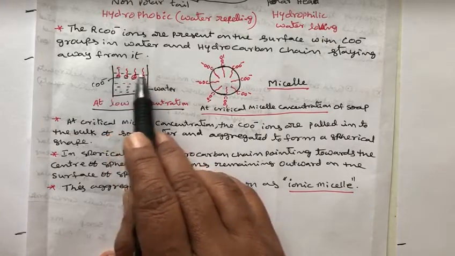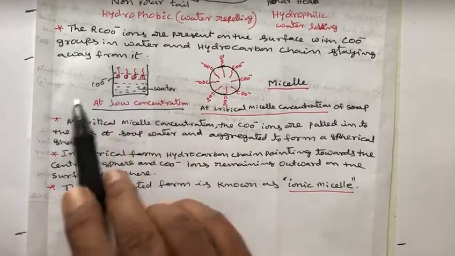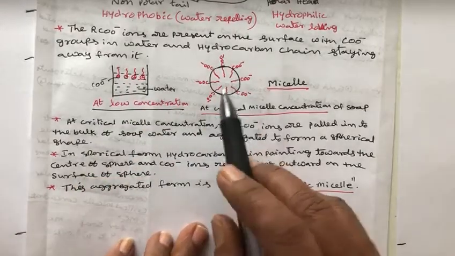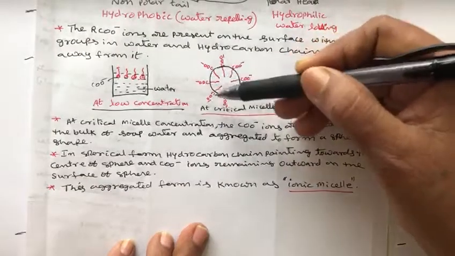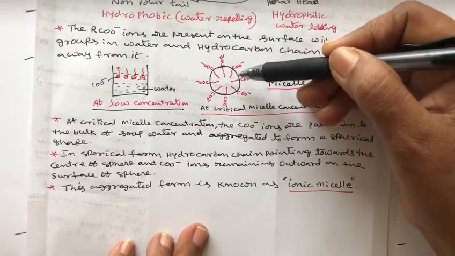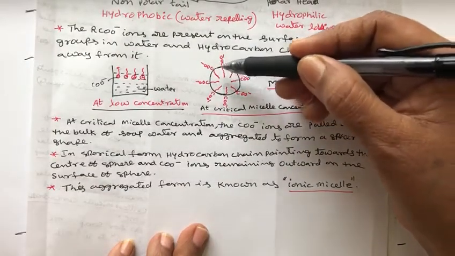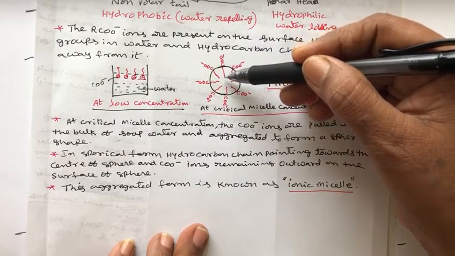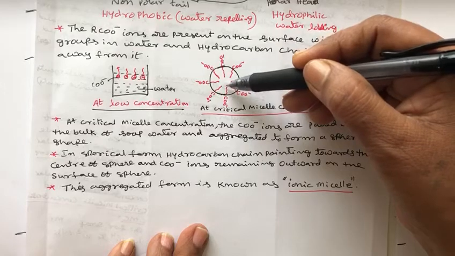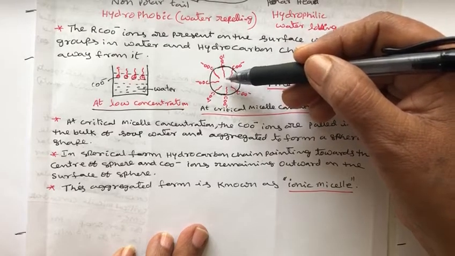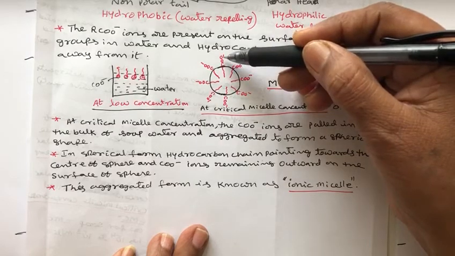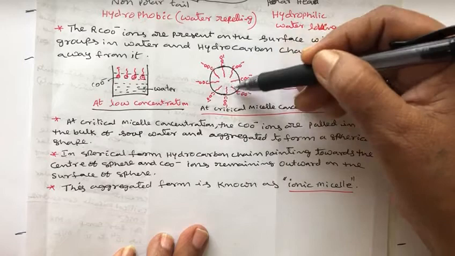At low concentration, the COO minus ions are in water, and the hydrocarbon part is away from the surface. At critical micelle concentration, the aggregation of stearate ions takes place. They form a spherical form. In the sphere, the hydrocarbon part is inside, and that is hydrophobic, and the COO minus ions, that is hydrophilic, are outside.